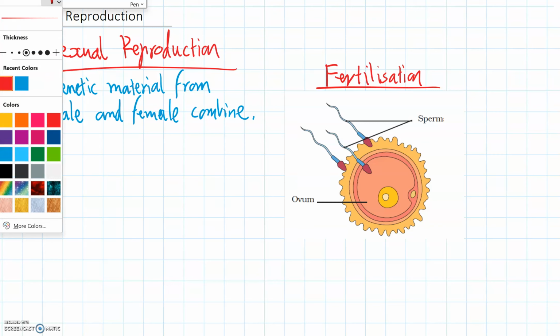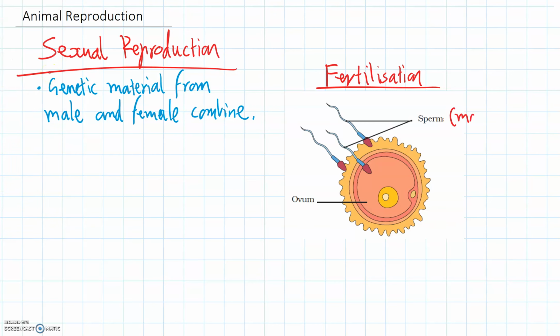Sperm are the sex cells that come from biological males, and ova, so the ovum here, are also commonly called eggs, and they're the female reproductive cell. Fertilization is the process when the sperm and the egg meet. Normally it's only one sperm which fertilizes the egg.